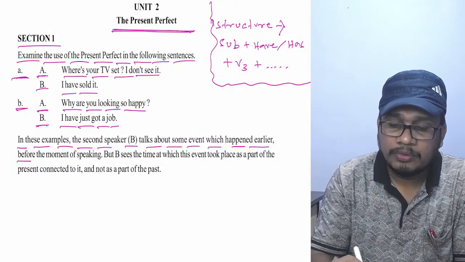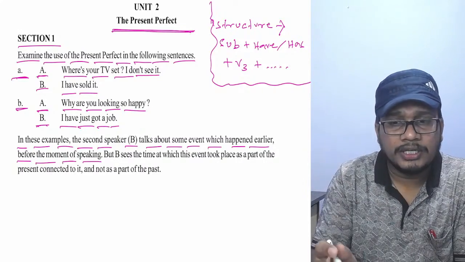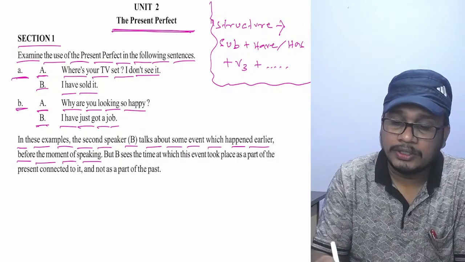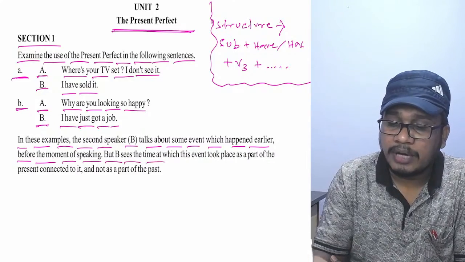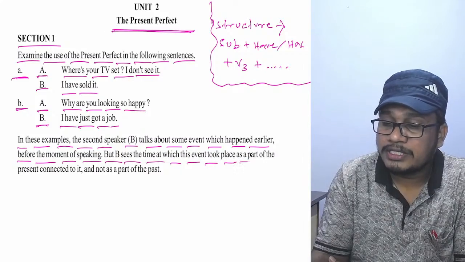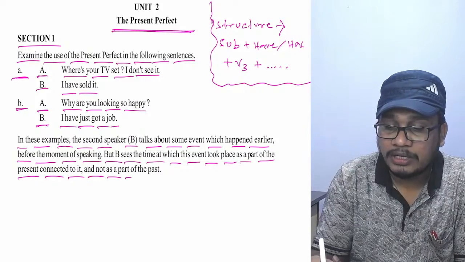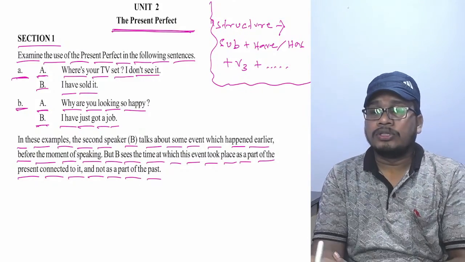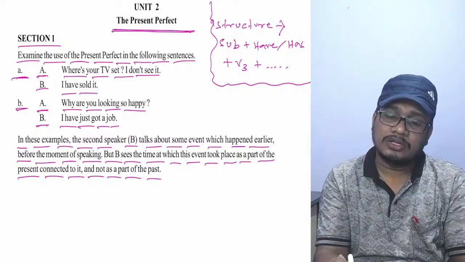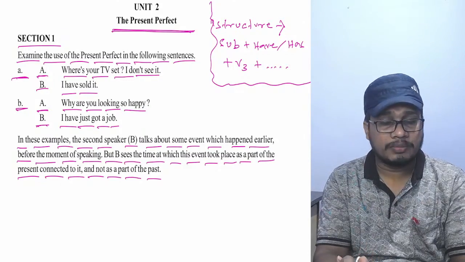Then before the moment of speaking, the action has already been completed. But B sees the time at which this event took place as a part of the present, connected to it, and not as a part of the past. The action started and completed in the past.